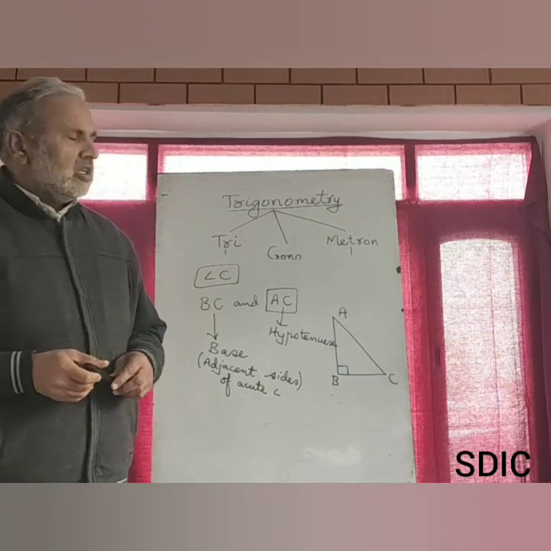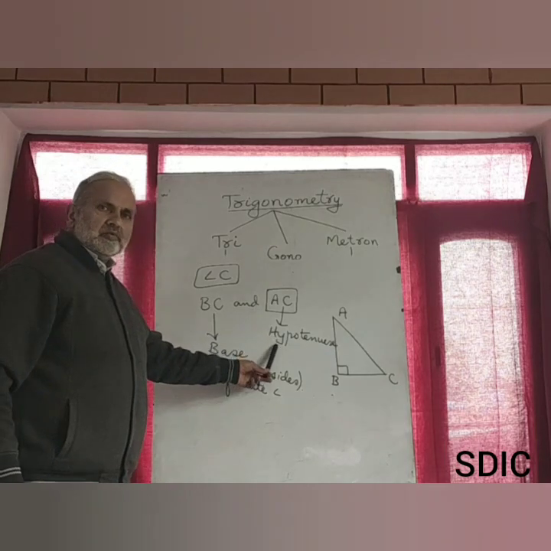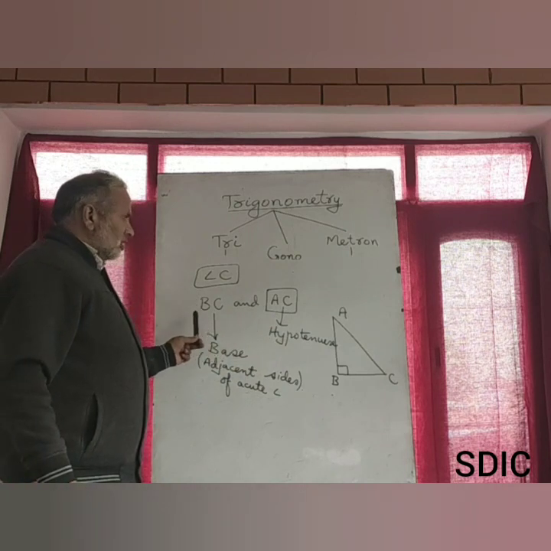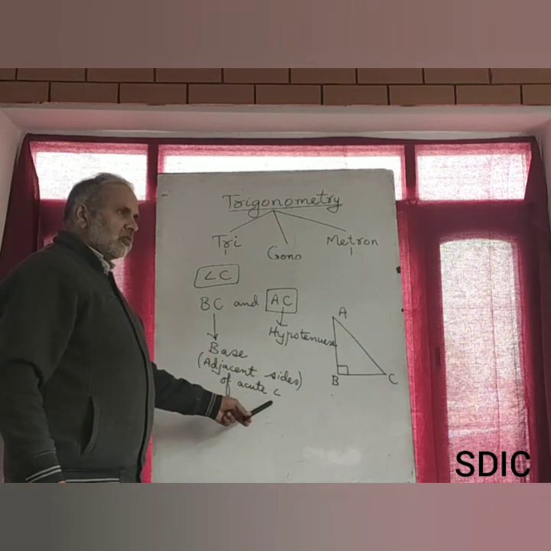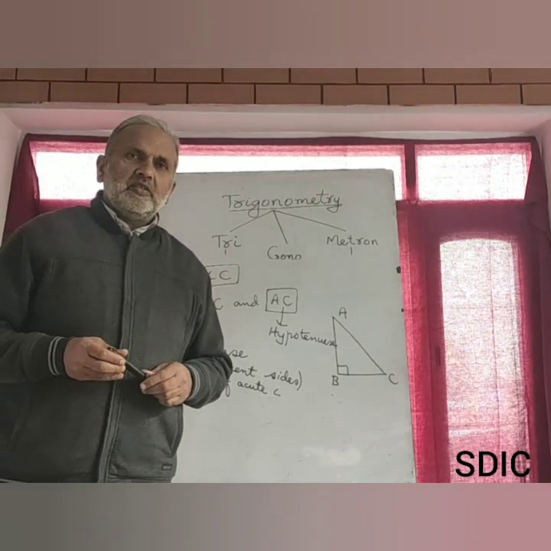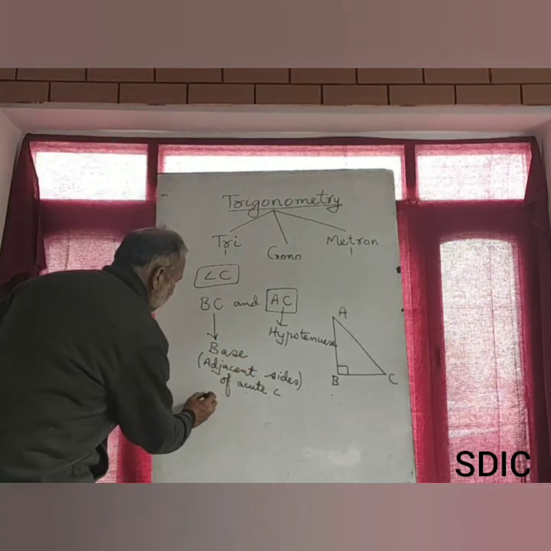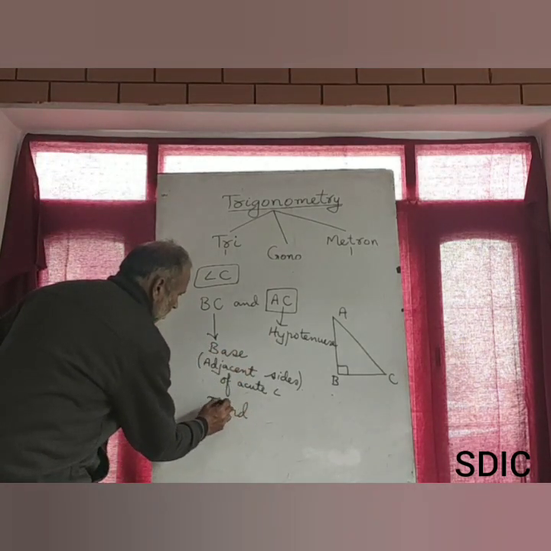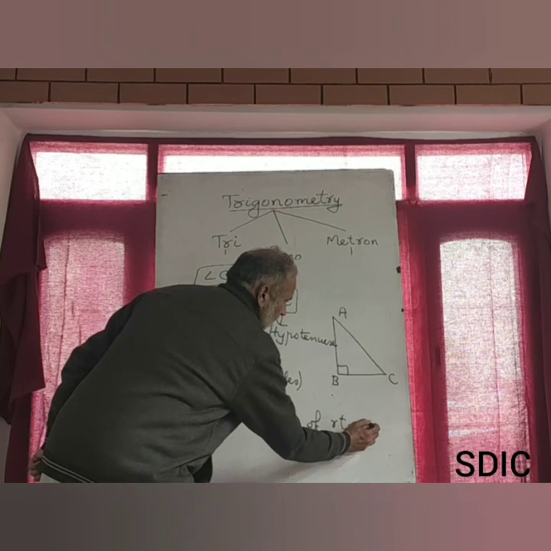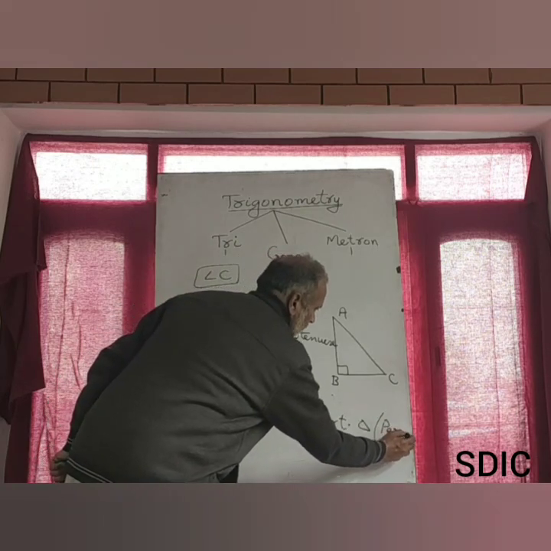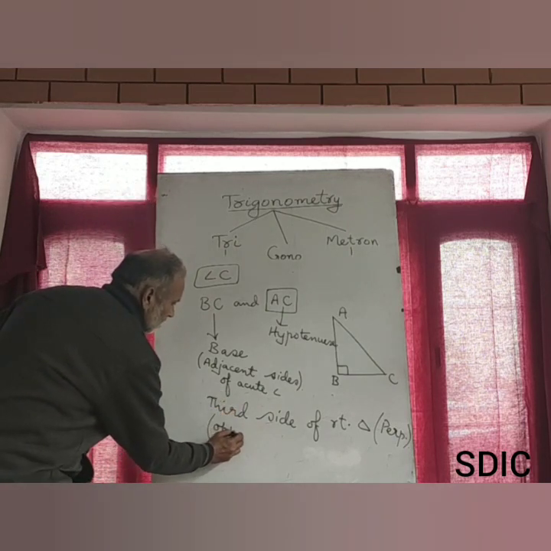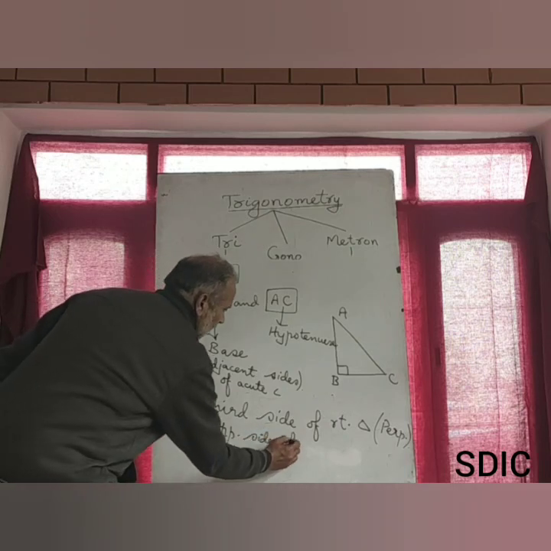So we have seen which side we call as hypotenuse, the side opposite to right angle in the right triangle, and the adjacent side of the acute angle is called as the base. The third side, which is left, is called as perpendicular. It is also called as opposite side of acute angle.